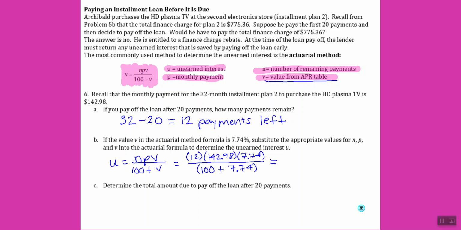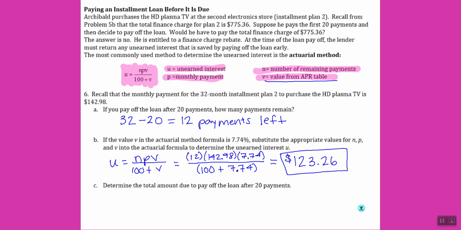So if we type that in our calculator, Archibald saves $123.26 if he pays off the loan 12 payments early.